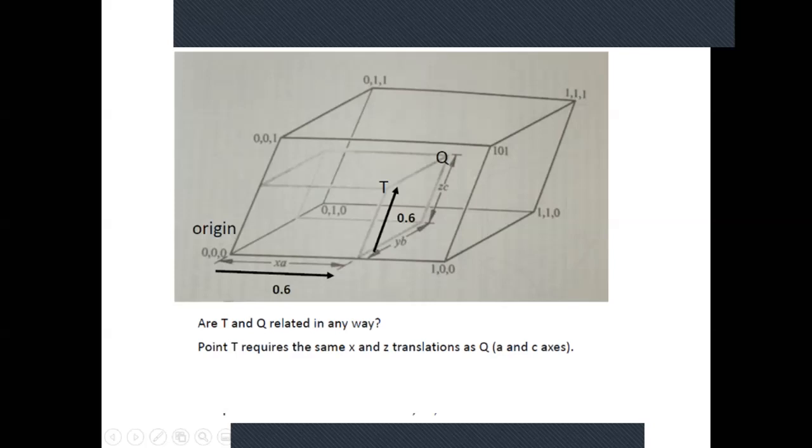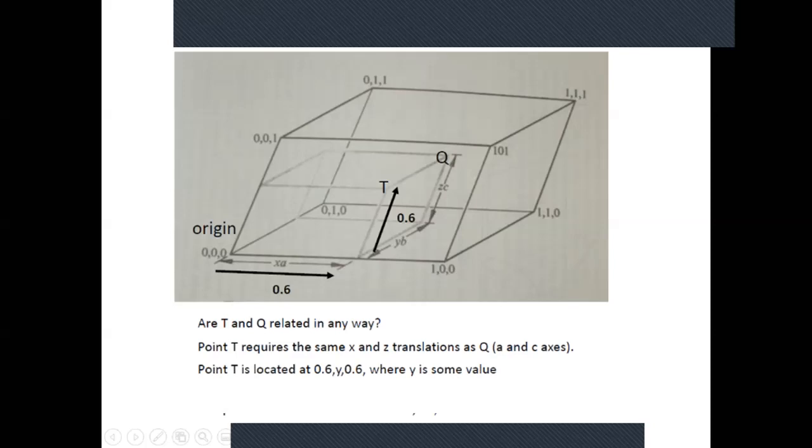So for example, T and Q could maybe be two different atoms that are located in the unit cell. And so the difference between T and Q is they're at some different y component.